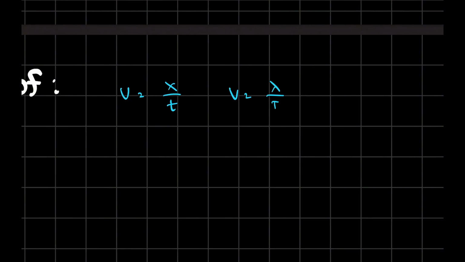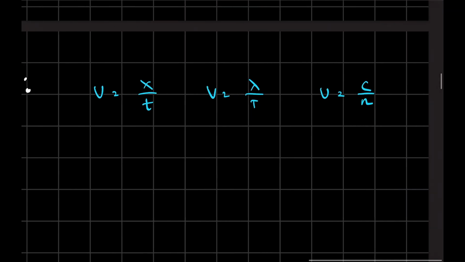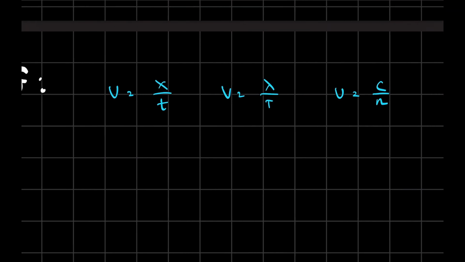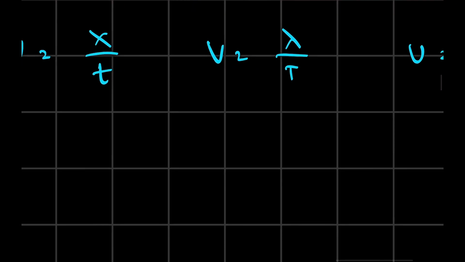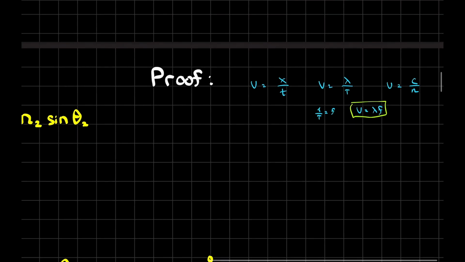And we have something like this: velocity is also c divided by n, where n is the refraction index of the medium and c is the speed of light. What we also know is very important: 1 divided by period is just f, which gives us the idea that v might also be lambda f. This is very important. Let me just highlight it with green. This is something we are going to work with.